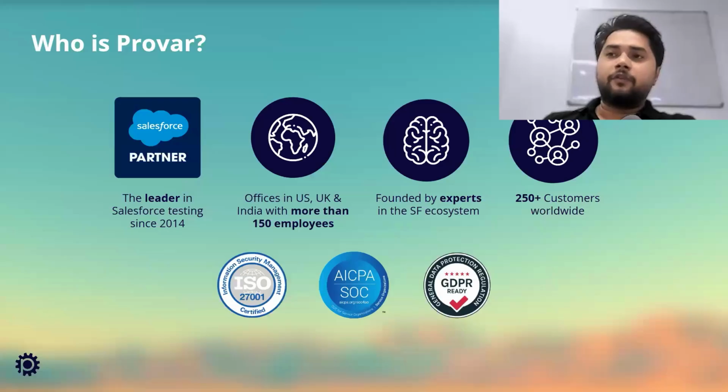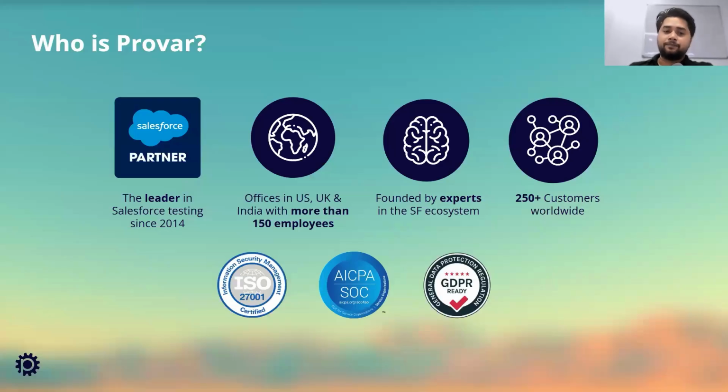Before we move forward with the agenda items, I just want to quickly introduce Provar, like who we are, what we do. Provar is a test automation tool built for Salesforce. It helps you to test your applications end to end. Using Provar, you can perform UI testing, API testing, database testing, email testing, and many more.